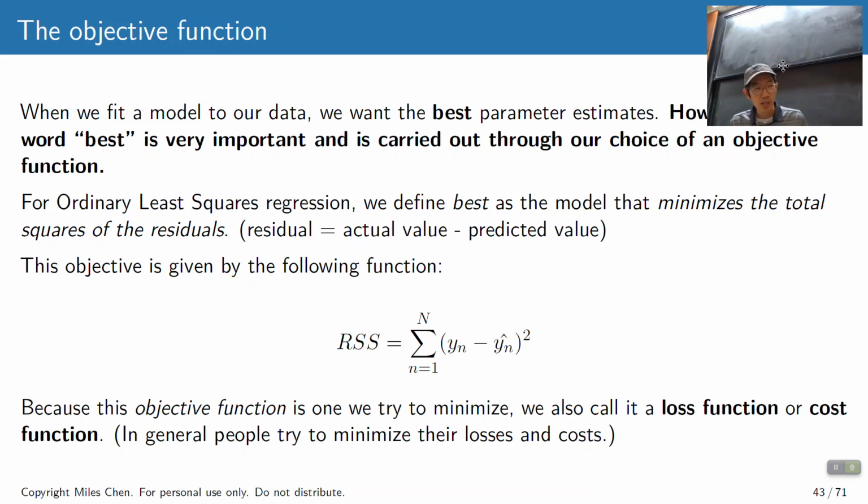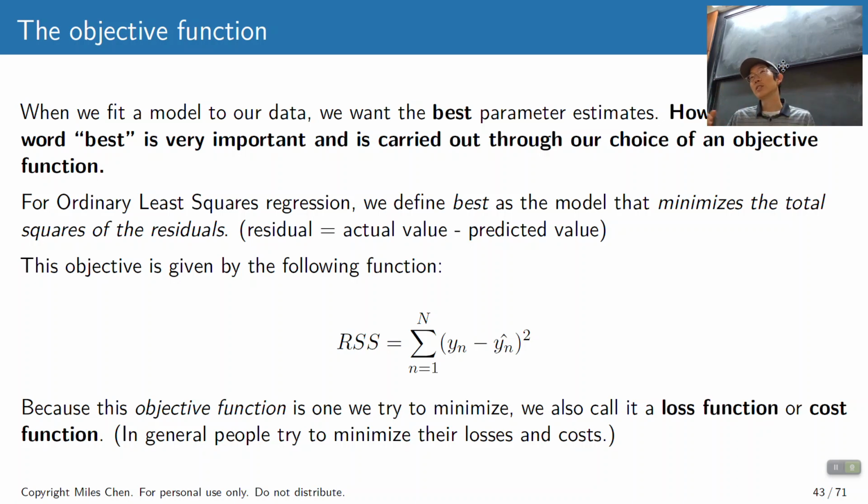For ordinary least squares regression, your classical regression model, we define the best model as the model that minimizes the total squares of residuals. The residual is the actual value minus the predicted value.